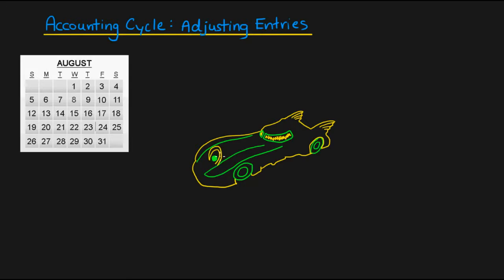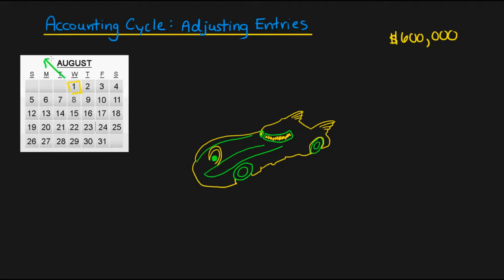So this is not the new one, obviously. This is like the 1990s kind of unusually long Batman drifter, and let's say that Batman purchased this awesome vehicle for $600,000 on the 1st of August.